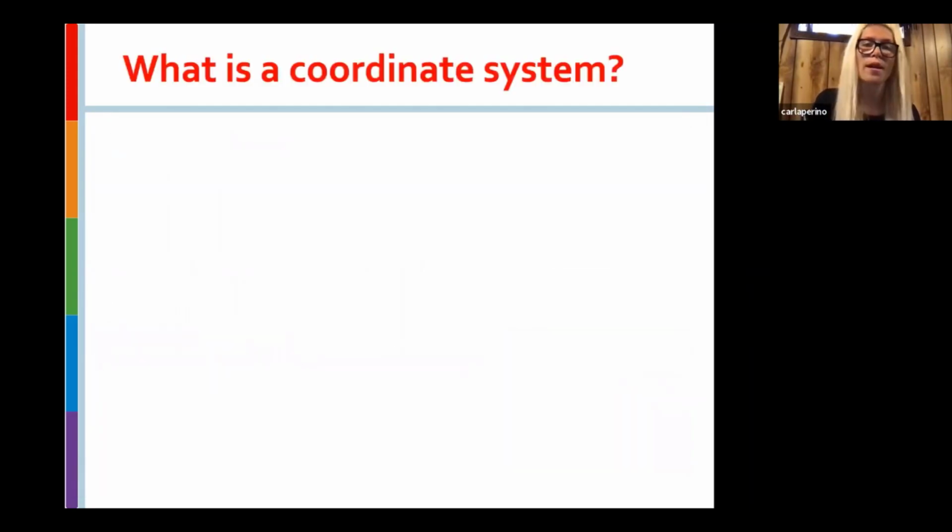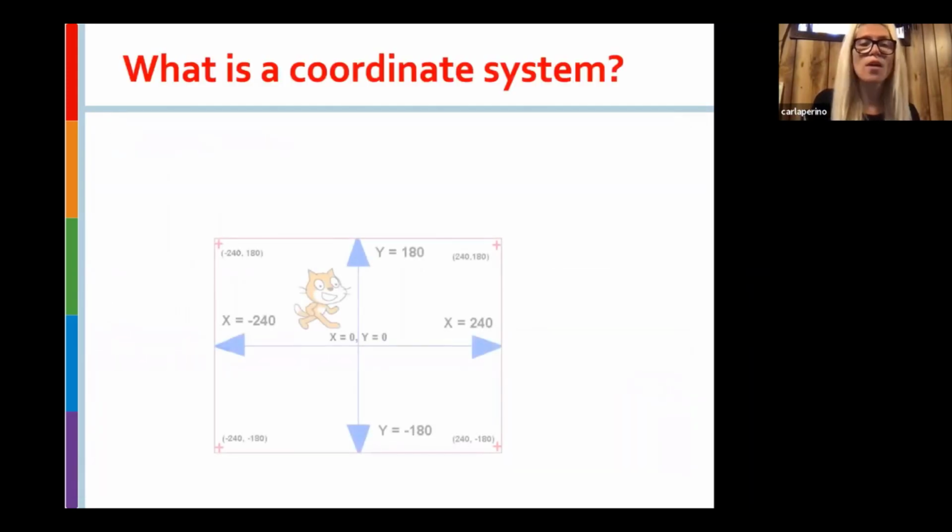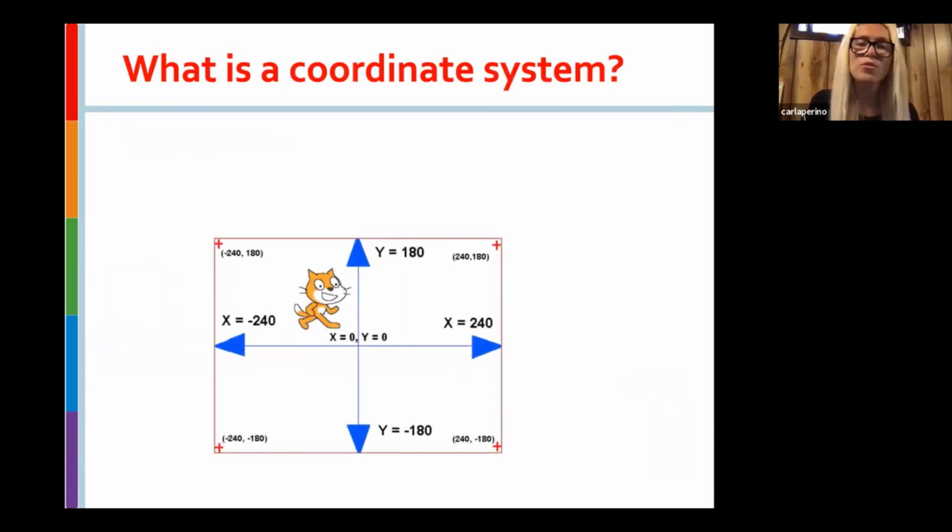Okay. All right. So also, if you are aware, we are going to be using a coordinate system, okay, where we have some positive numbers and some negative numbers, and it has its own axes, okay? Basically, it's going to be using movements throughout your projects, where you are going to be able to see that as well.